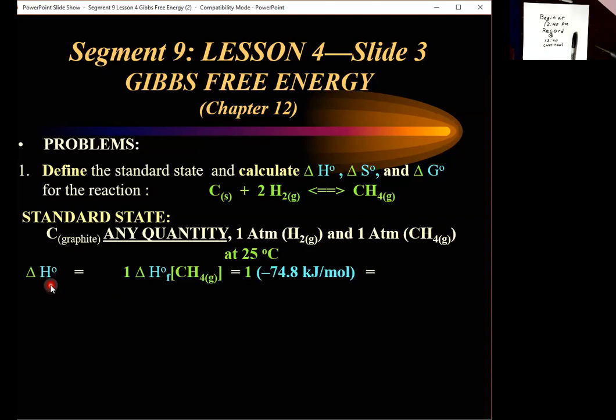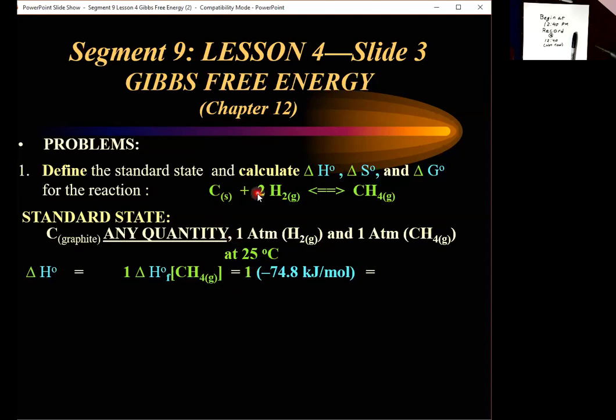Now, the delta H of the reaction is the products minus the reactants. So we've got 1 mole of CH4, and we'll take 1 times the delta H of formation of CH4. That should be a minus.